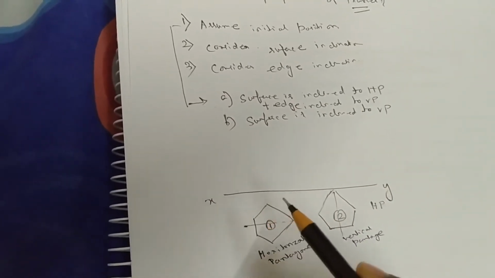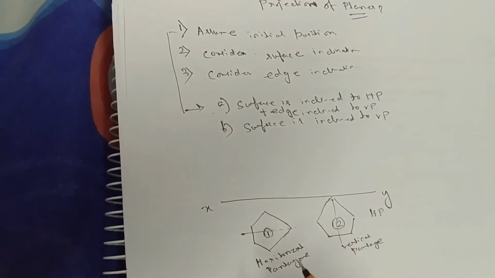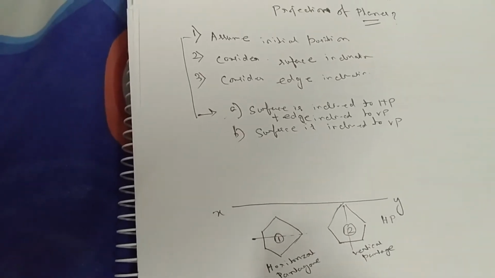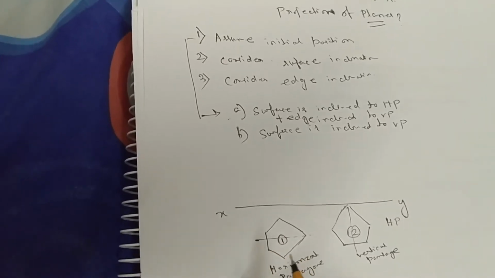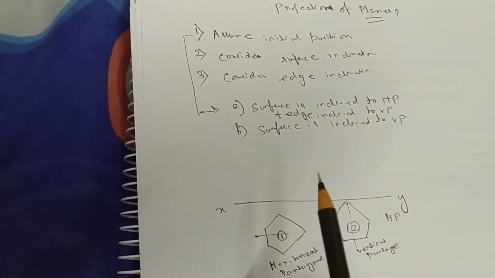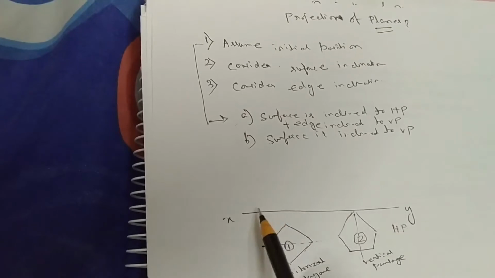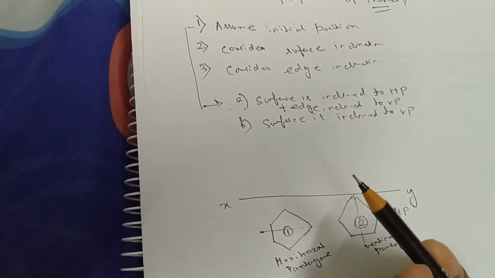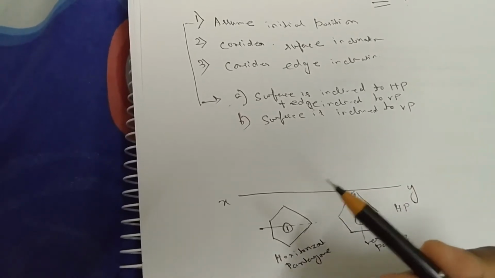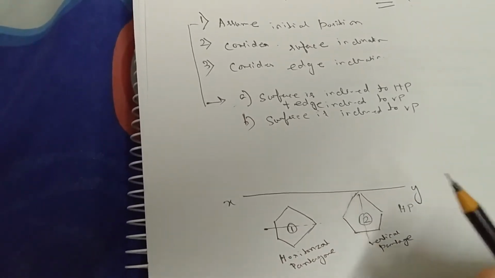For that, the initial assumption has to be that one edge is perpendicular to this xy line, so that if you rotate it, only then can you get inclination to VP.